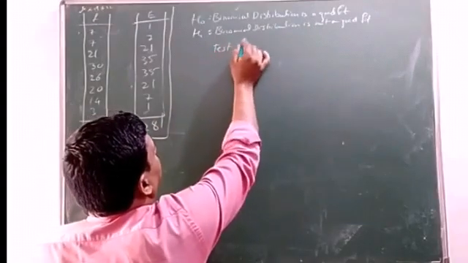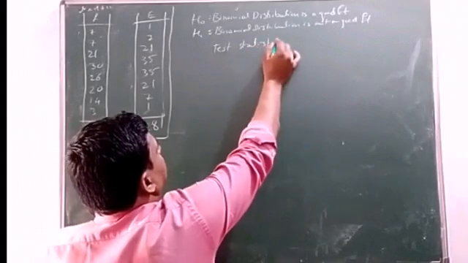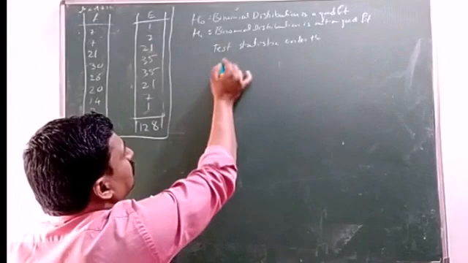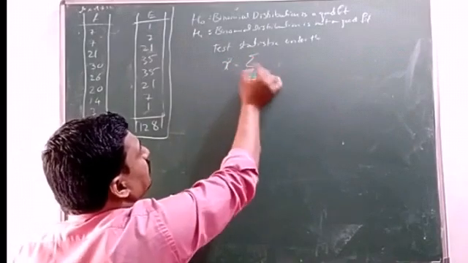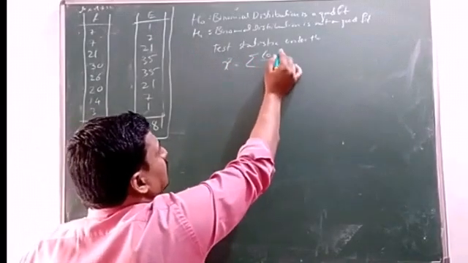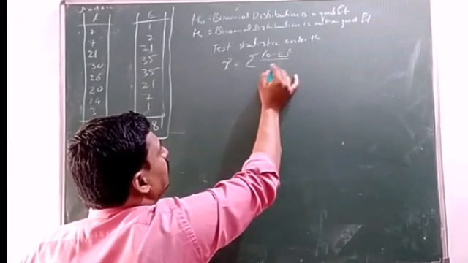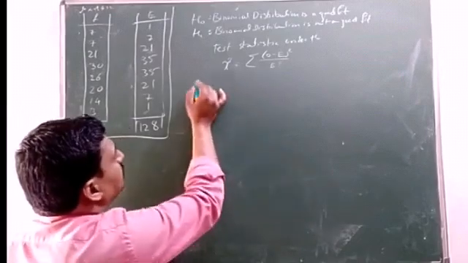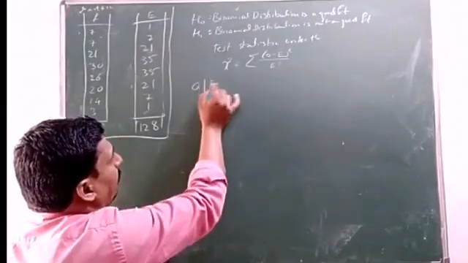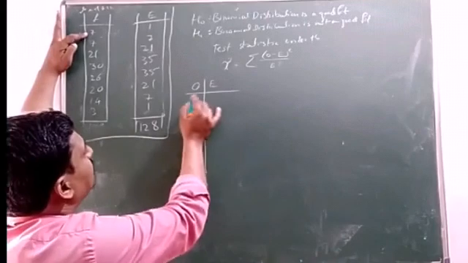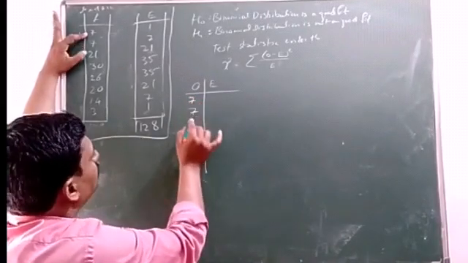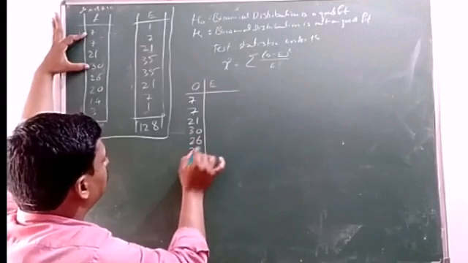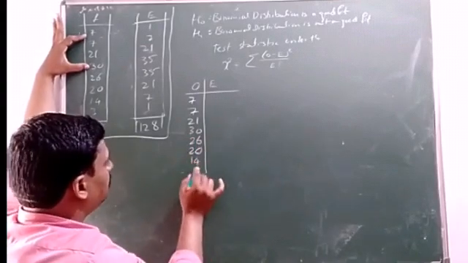So test statistic under H0. Chi square is equal to summation of (O minus E) whole square divided by E. So here observed frequency and expected frequency, O and E. Observed frequencies are 7, 21, 30, 26, 20, 14, 3.